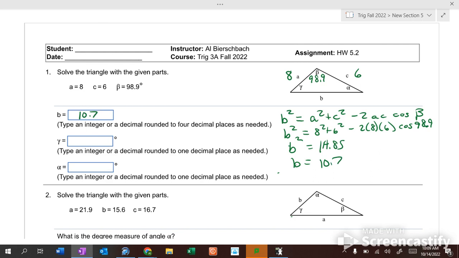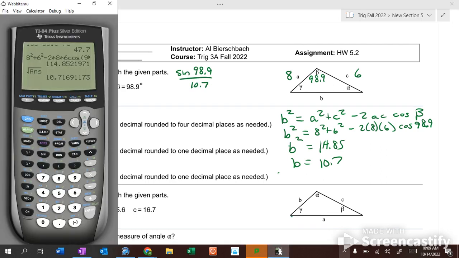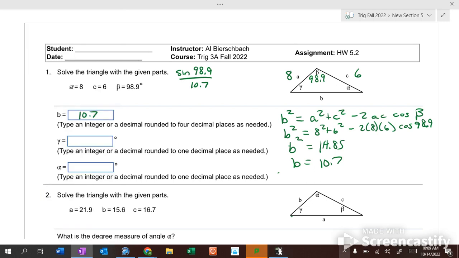Once you get that, then how do you find the angles? Law of sines. So you go the sine of what you're given, 98.9 over its opposite side, 10.7. And it says 4 decimal places for this, 10.7169.